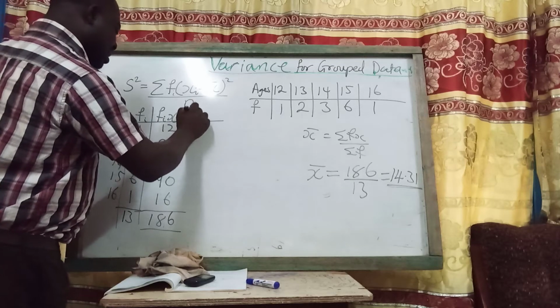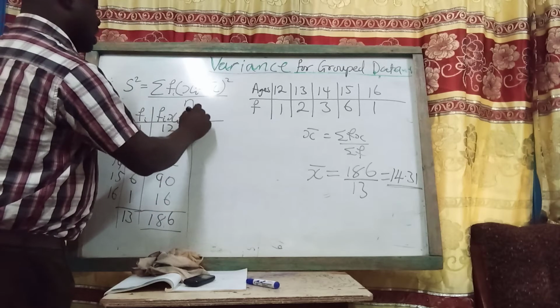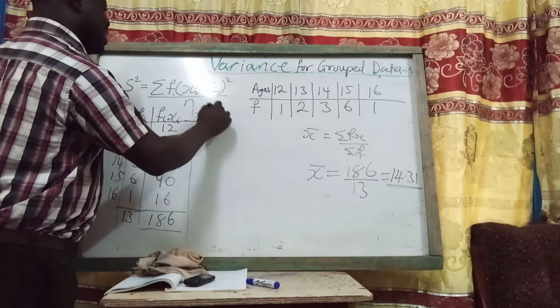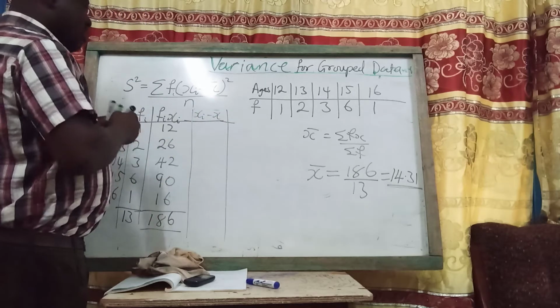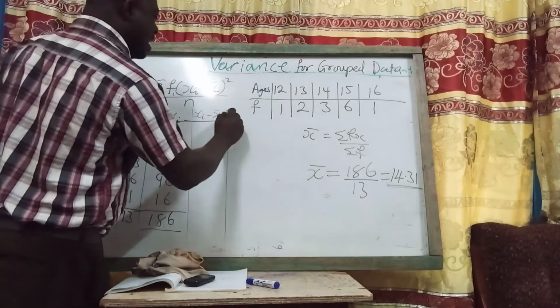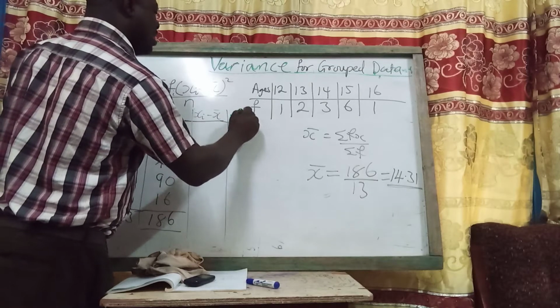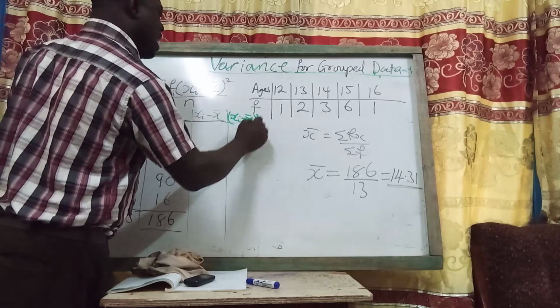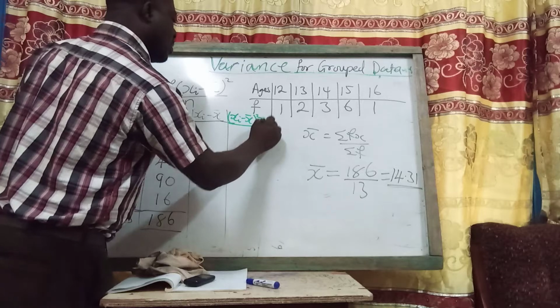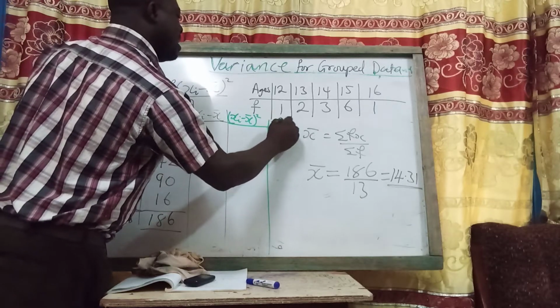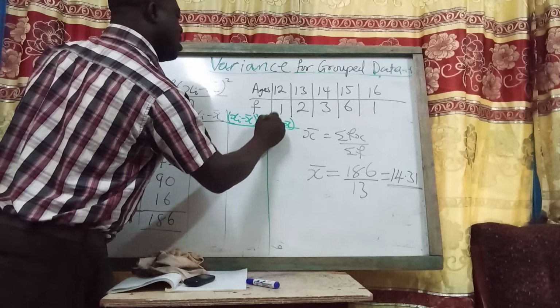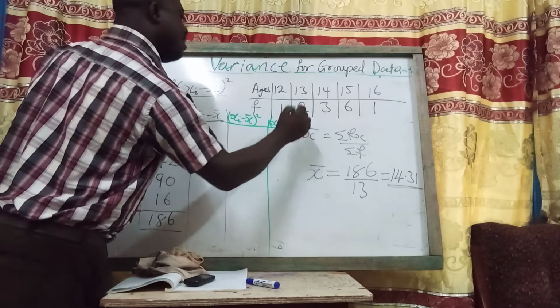So our next column is going to be xi minus x bar. Then we get to xi minus x bar squared. And finally, f times xi minus x bar squared.